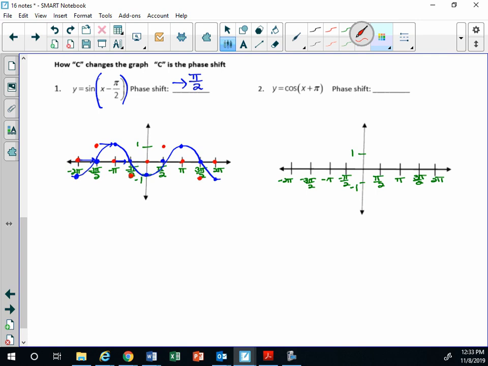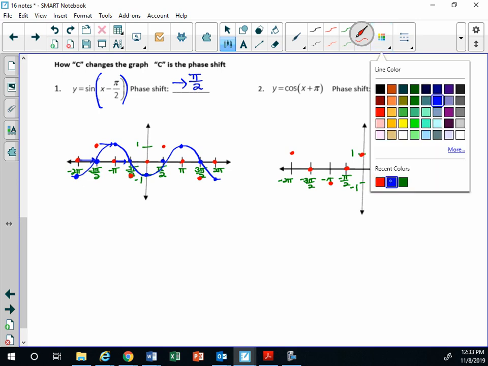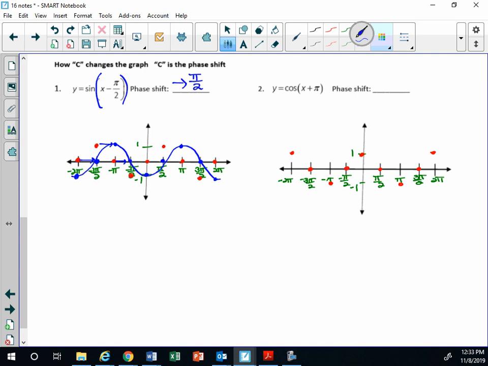Cosine. Where does cosine start? Like, what happens? Yeah, on the y-axis it's at 1. One that kind of looks like a W. Get those dots down correctly, otherwise everything else is really confusing.